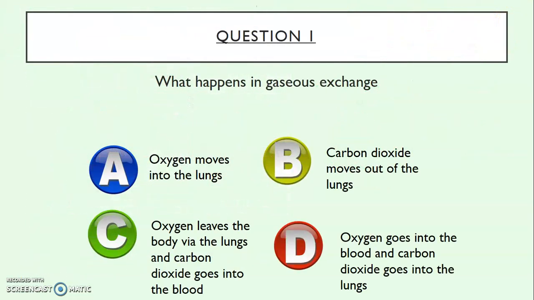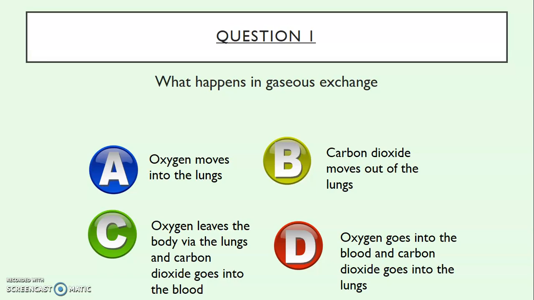So last thing that I'm going to do, just a mini quiz. You can pop your answers down on a piece of paper. Just got 4 questions, multiple choice. See how these go in the video, and hopefully we'll get some more in. So what happens in gaseous exchange? A, oxygen moves into the lungs. B, carbon dioxide moves out of the lungs.